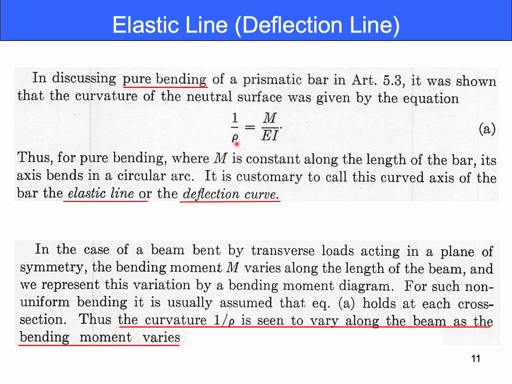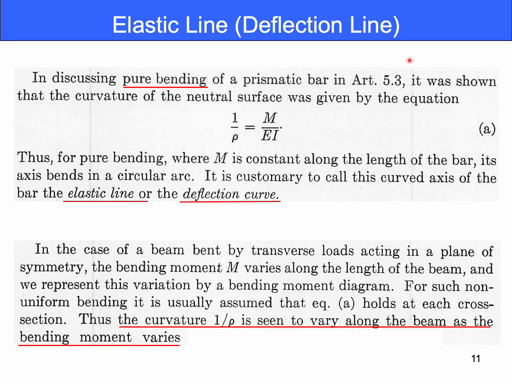Rho is the radius of curvature, so 1 over rho is the curvature, M is the bending moment, E is Young's modulus, and I is the moment of inertia. If M is constant, and E and I are also constant, then the curvature 1 over rho is constant too. So the beam bends into a circular arc.